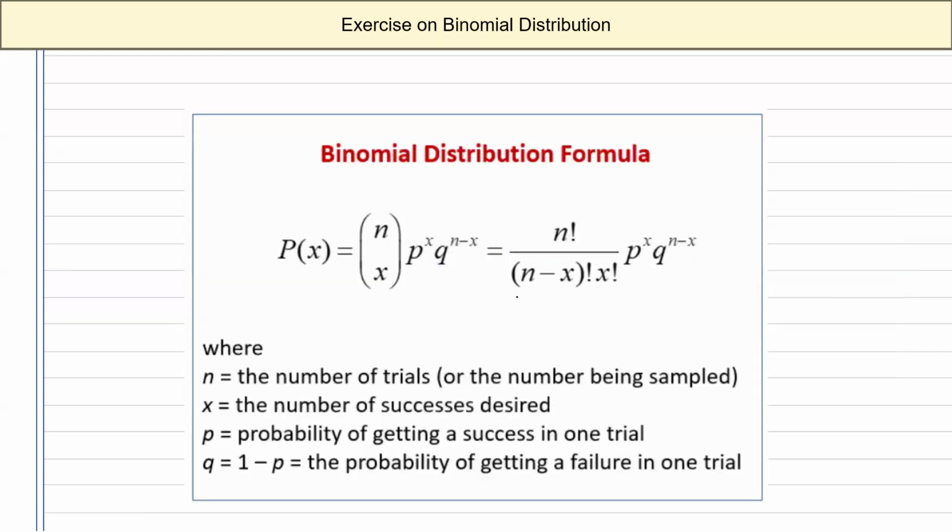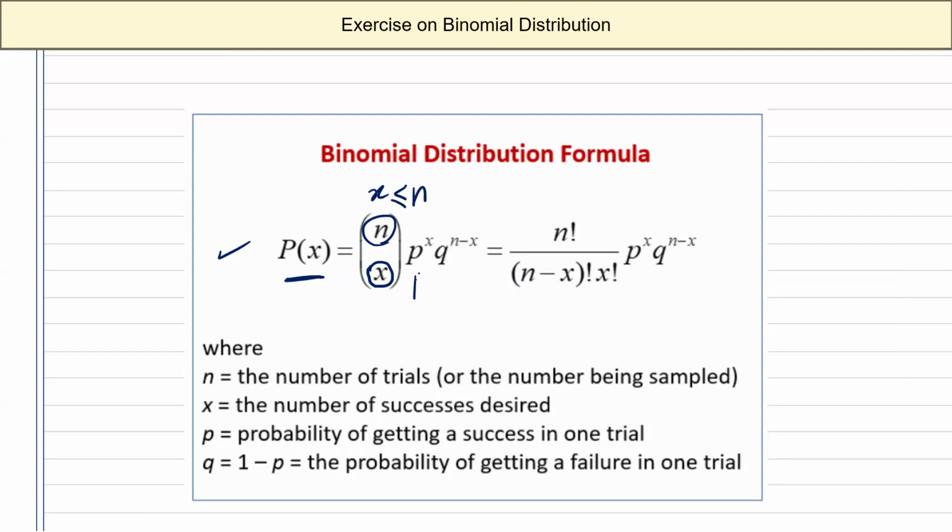This is the formula used to calculate the binomial distribution. The probability of getting a value x is nCx, P power x, and Q power n minus x. nCx is the number of ways of selecting x items from n items, and x is always less than or equal to n, okay?